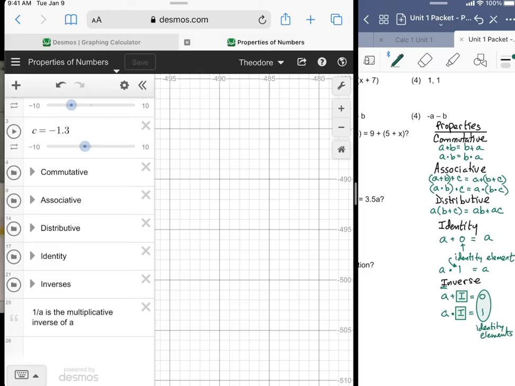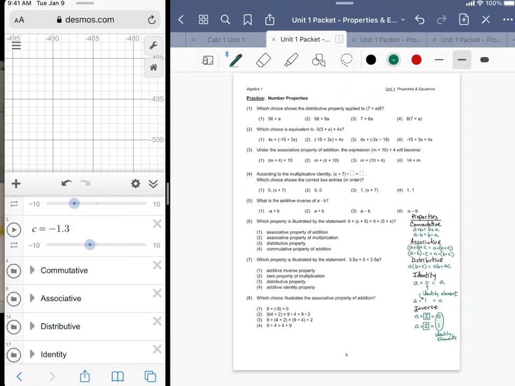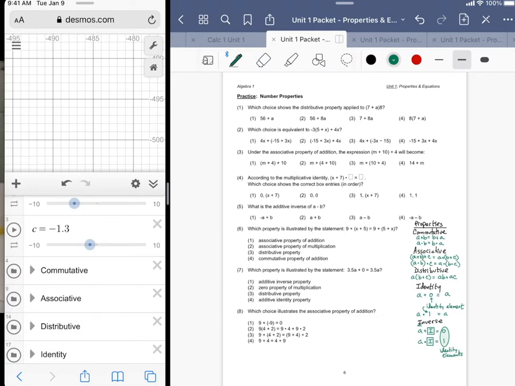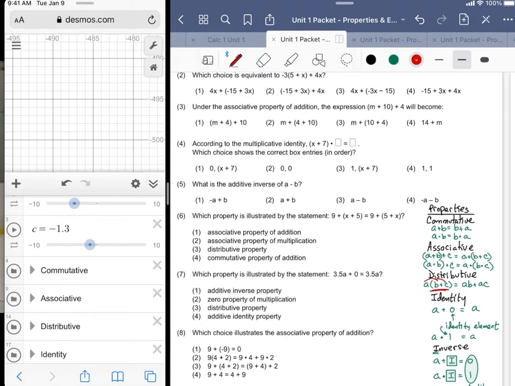So with that in mind, you should now be pretty able to answer these kind of questions. All right. So, number 1, which choice shows the distributive property? So if you follow the model, distributive property is telling you to take the A and multiply it by each term that's contained within the parentheses. All right. It's one thing to have a rule.